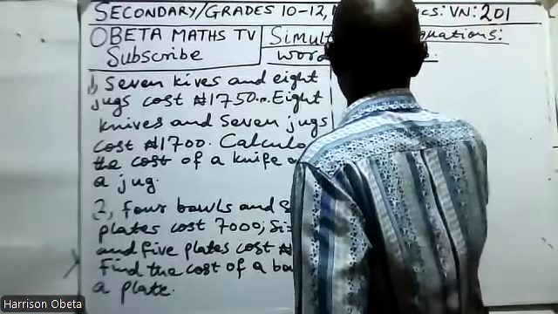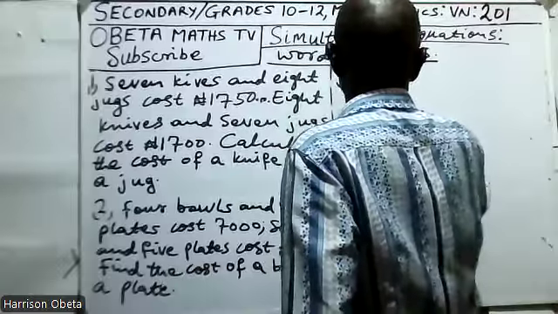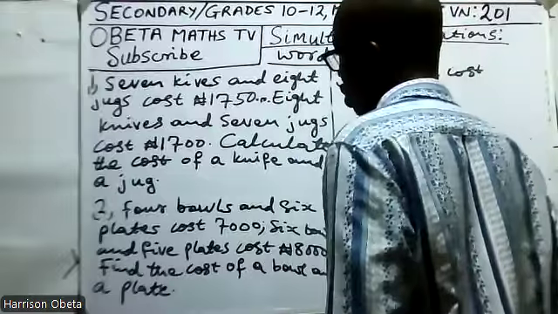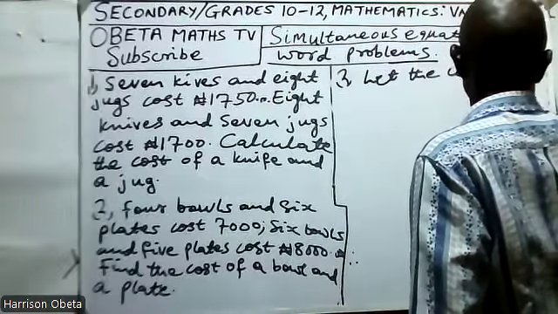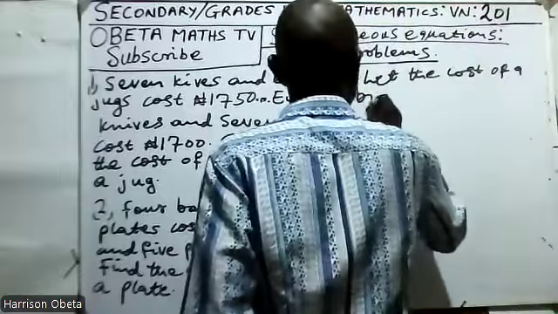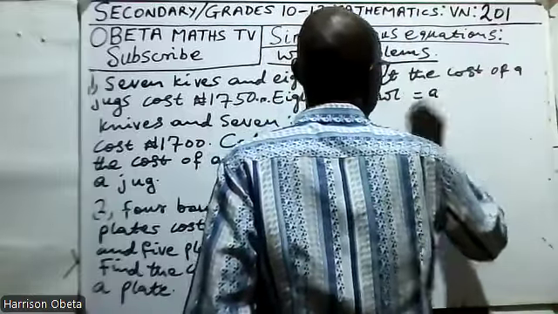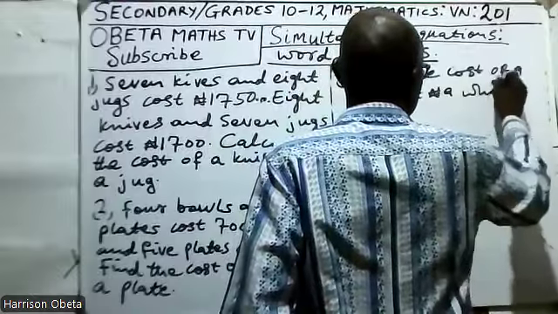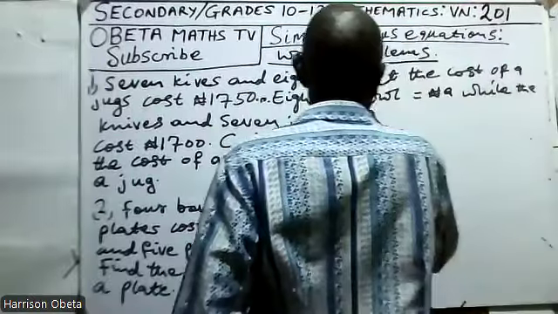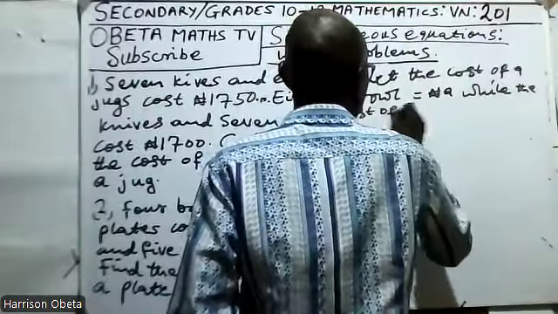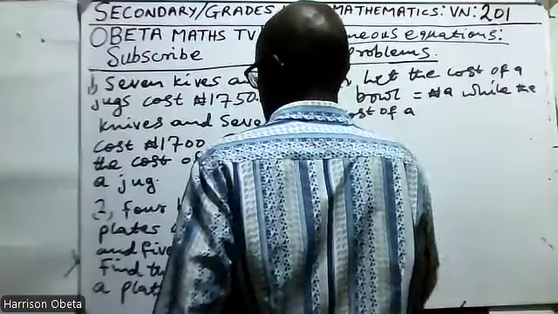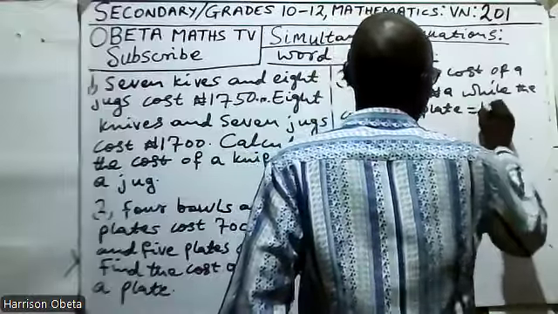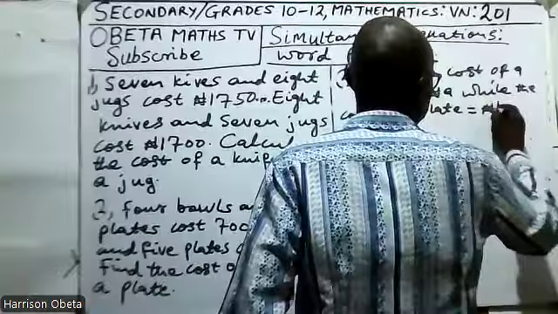So as usual, let the cost of a bowl be a naira, while the cost of a plate equal to b naira.